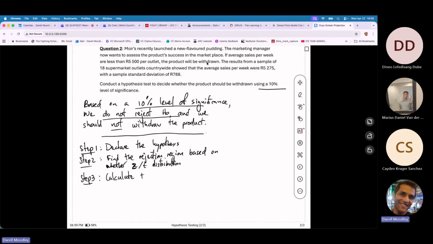Step 4, which is probably the shortest step, is just compare the result from step 3 to your rejection region from step 2.